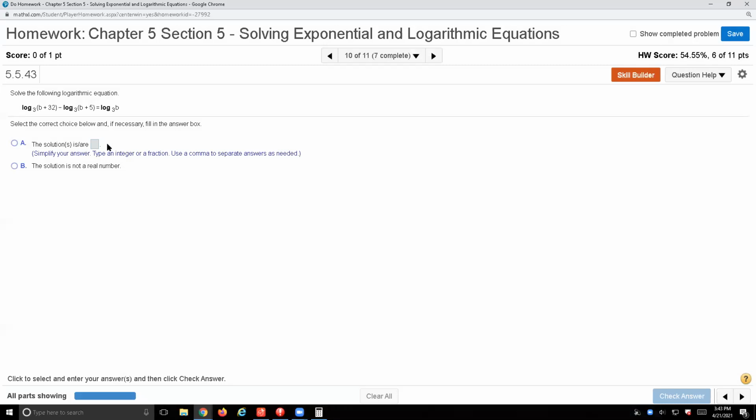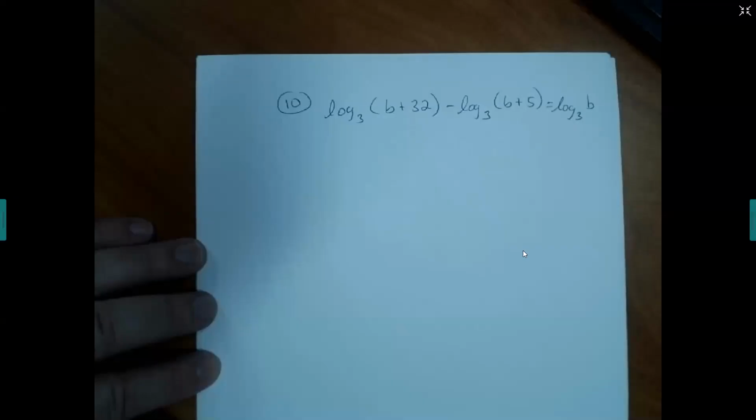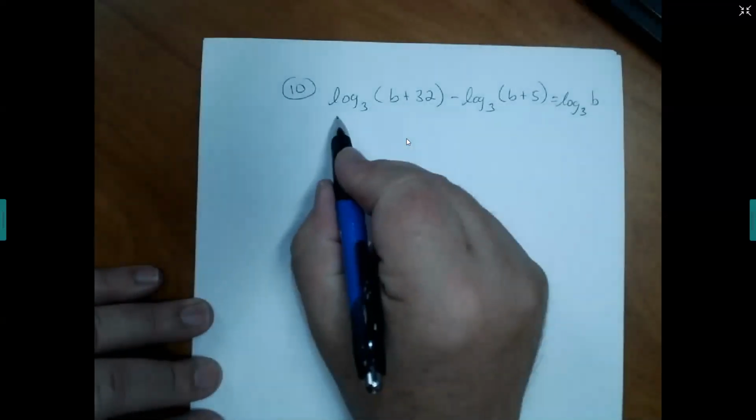This next one, now we're getting larger. This is number 10. Log base 3 of b plus 32 minus log base 3 of b plus 5 equals log base 3 of b. So the first part, let's combine these two.